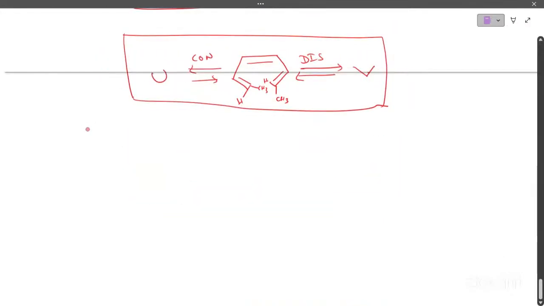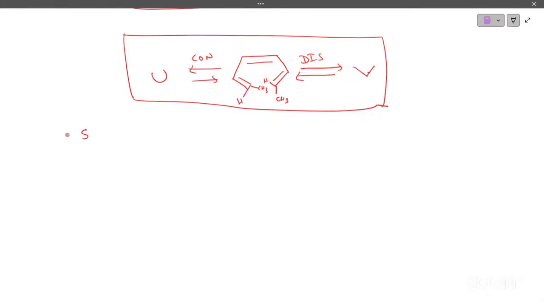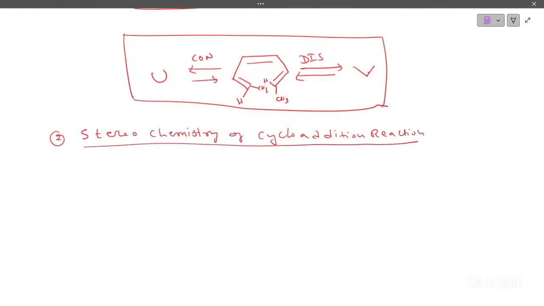Next, stereochemistry of cycloaddition reactions. The second one. Right.